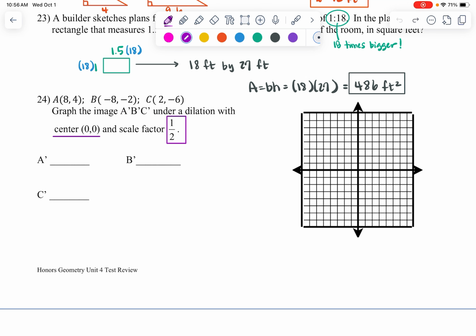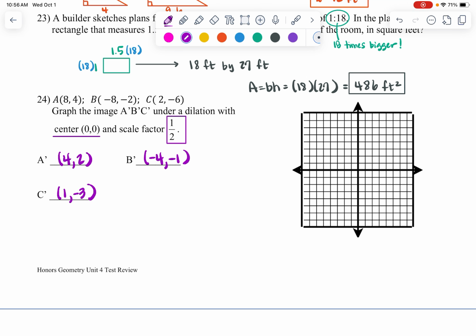That means all of my coordinates are just going to be cut in half, which means A prime would be at 4, 2, because I'm literally just dividing those by 2. B would be at -4, -1, and C would be at 1, -3. And you should graph it over there, by the way. Now, again, the only reason why that's easy like that is because you're centered at the origin.